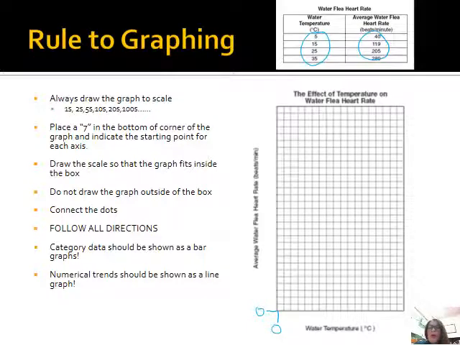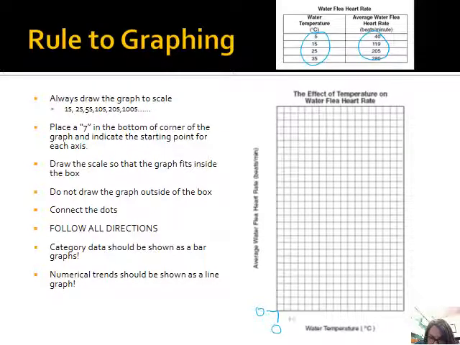So for water temperature, I am going from 5 to 35. So it looks like I have 18 boxes at the bottom. So I think I'm going to go up by 5s, but I'm going to go every 2 boxes.